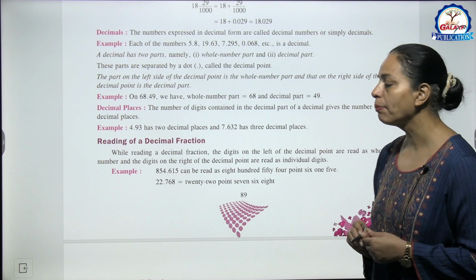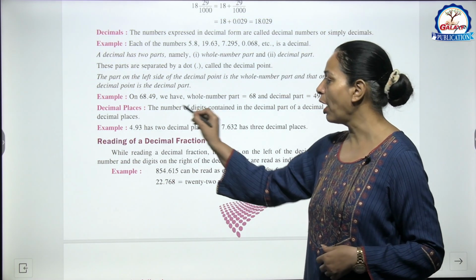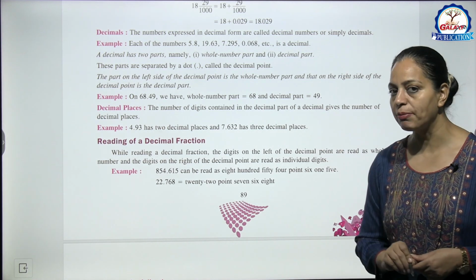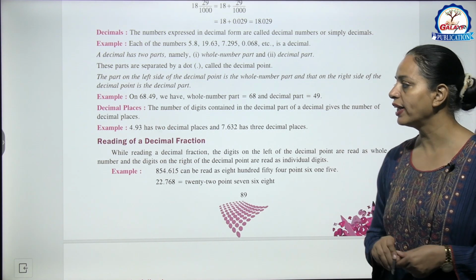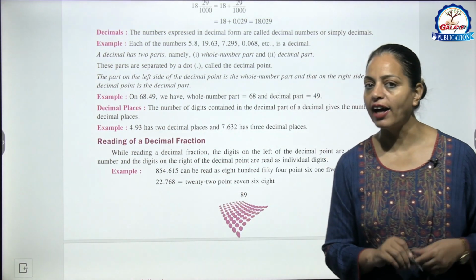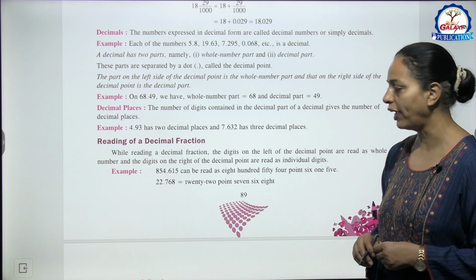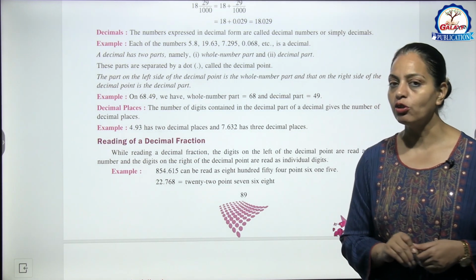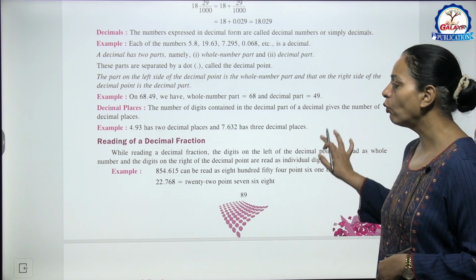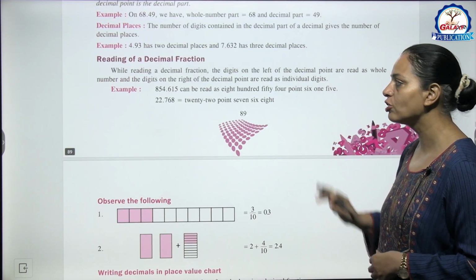Okay, now decimal places. The number of digits contained in the decimal part of a decimal gives the number of decimal places. For example, 4.932 has 3 decimal places, right? 7.632 has 3 decimal places. Okay, now reading of a decimal fraction.